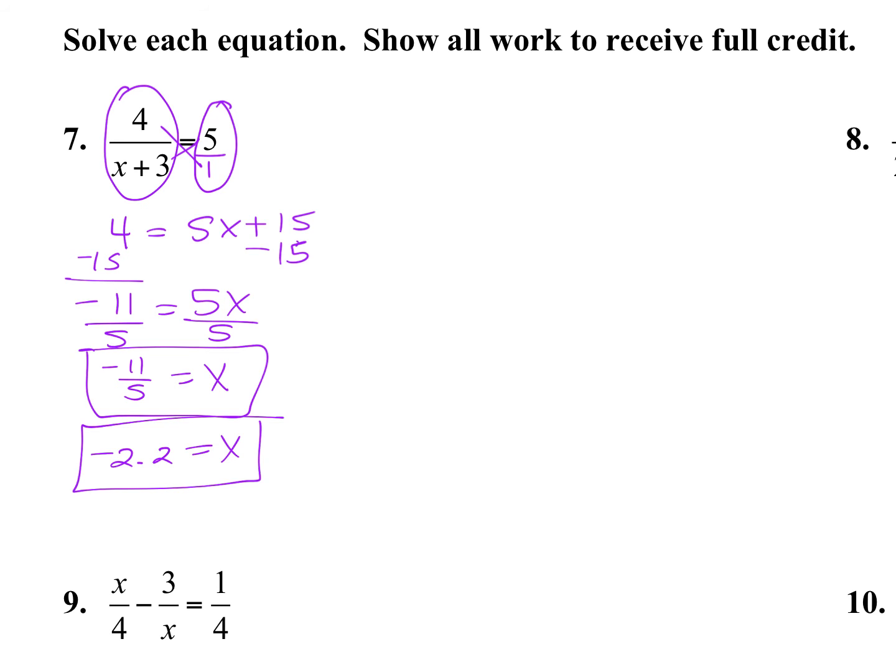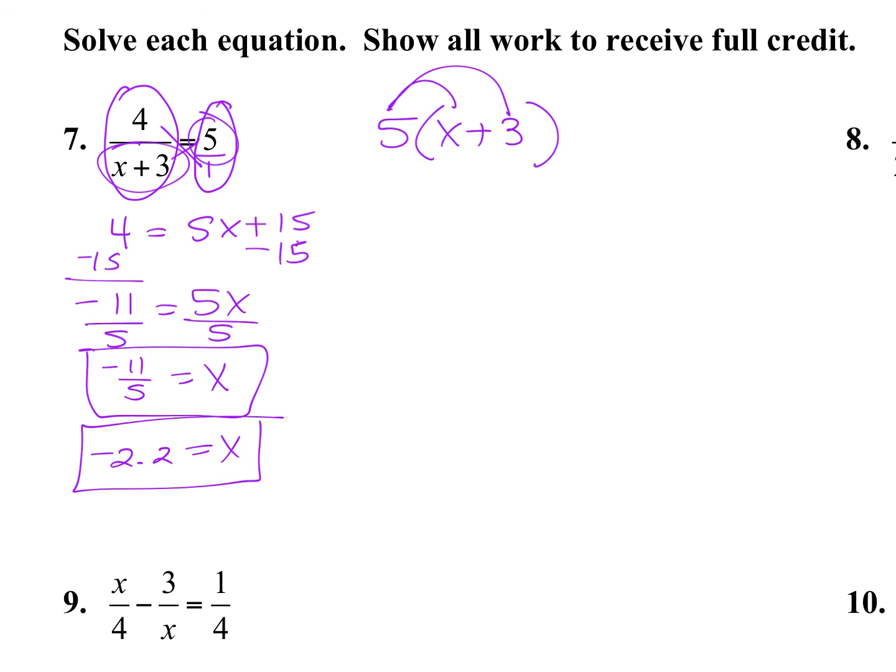You could do 5 times x plus 3. I just did that in my head. Is that what you're asking? Yeah, that's totally fine. 5x plus 15. I just distributed in my head.